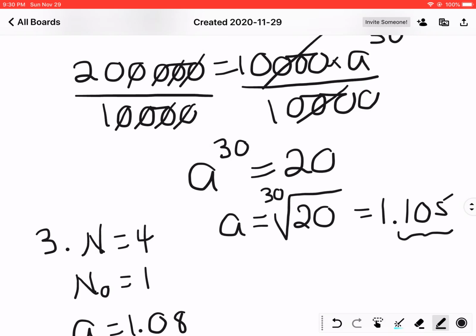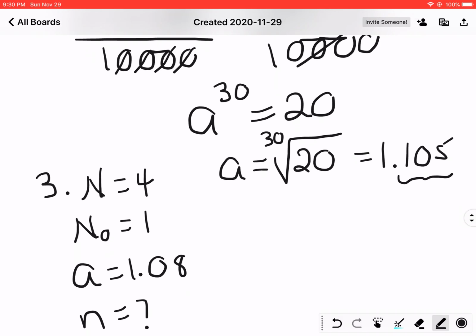This part of it is the percent, or the rate of increase. Therefore, 10.5% is the answer. Again, that comes from that part right there. That is the rate that we're talking about.